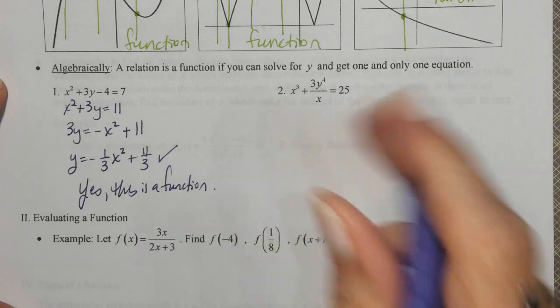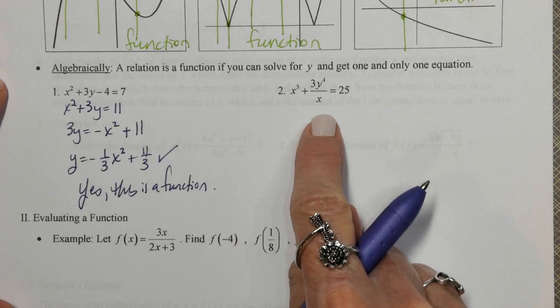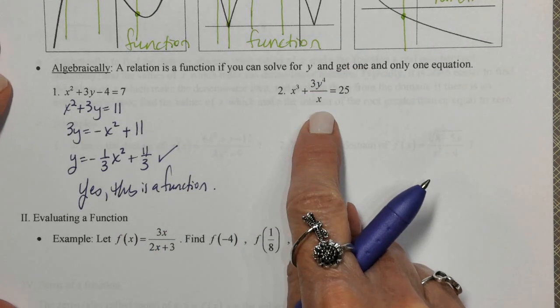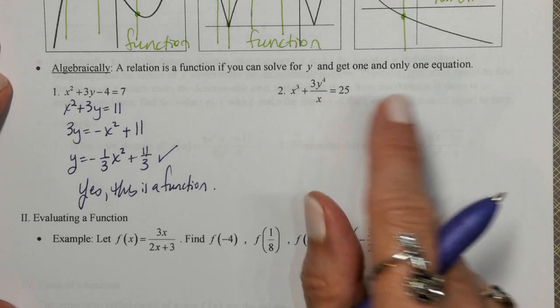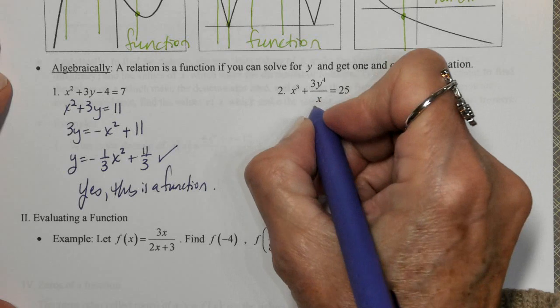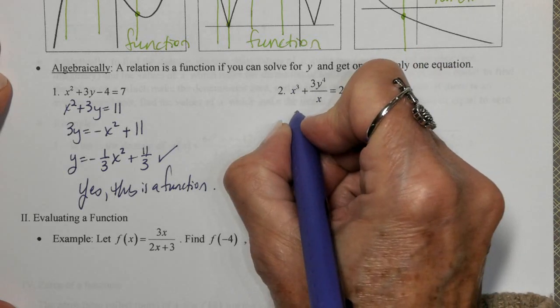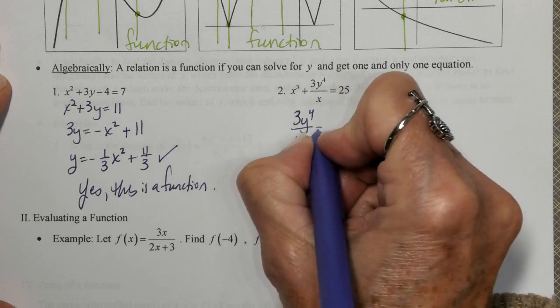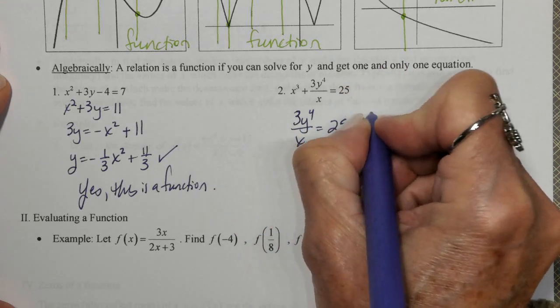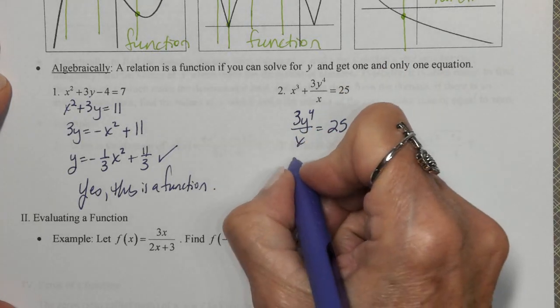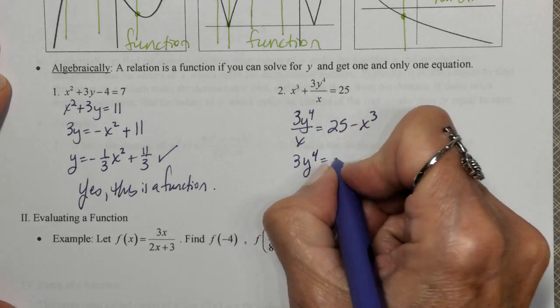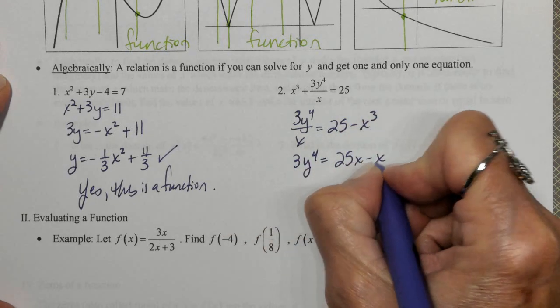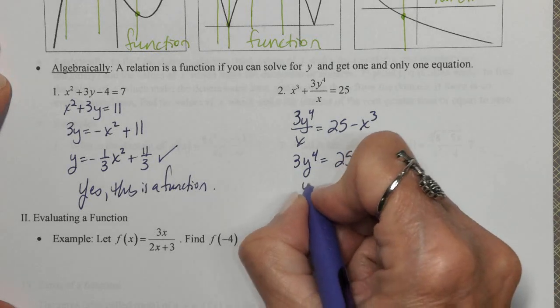Okay? This one. When I try to solve this one for y, and sometimes we cannot solve it for y, but I can solve this one for y. I'm going to subtract the x cubed over. Multiply both sides by x. Divide both sides by 3.